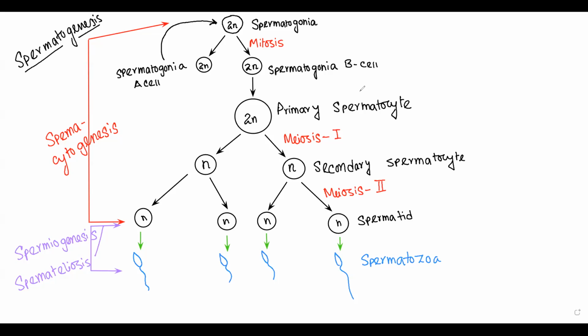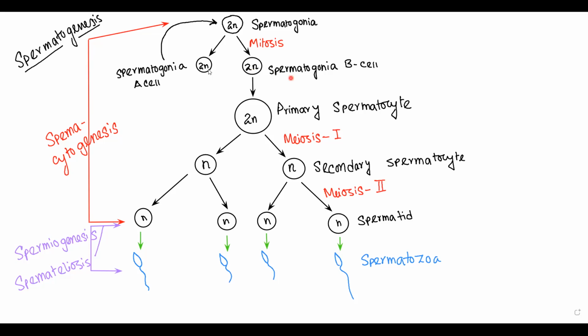But you need to understand, initially the spermatogonia, that means the sperm mother cell. So this spermatogonia is the sperm mother cell. The sperm mother cell undergoes mitosis, and thereby it increases its number. Some of the mother cells become spermatogonia A cell, and some become spermatogonia B cell.